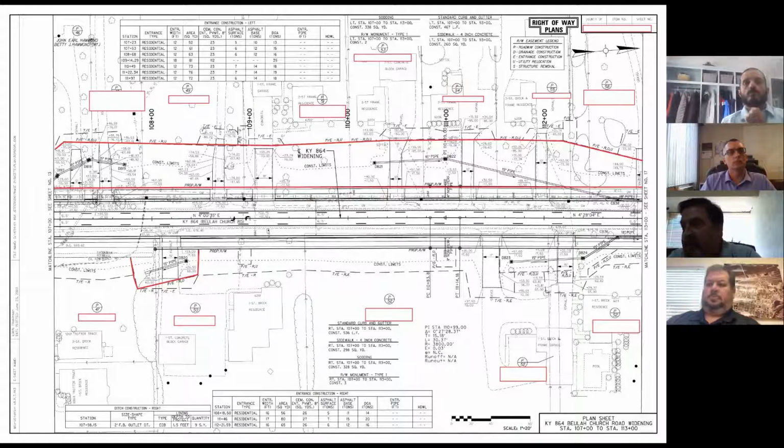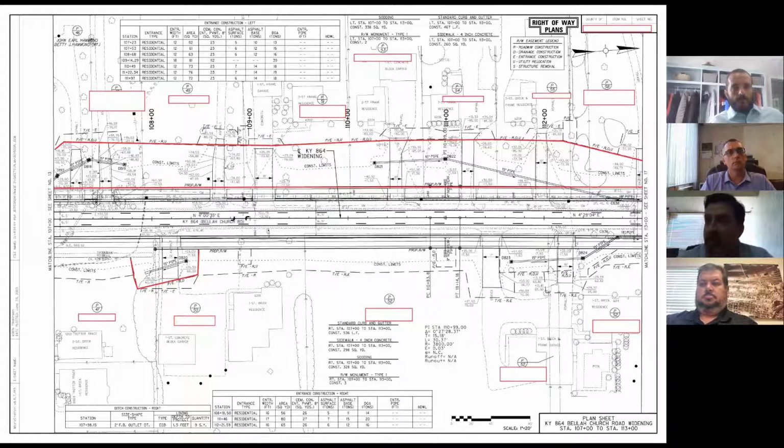Well, it's my opinion that an easement, whether it's permanent or temporary, can create a damage depending on what it's used for. If it's just a permanent easement for underground utilities or something to that effect, in my opinion, there's no damage to the improvements of the remaining land, just to the underlying permanent easement area.